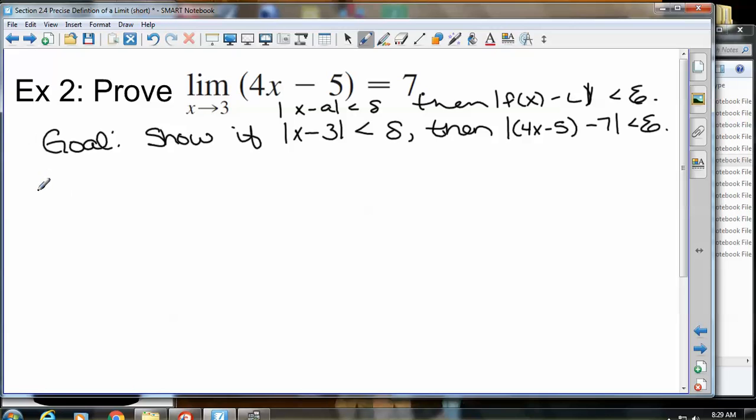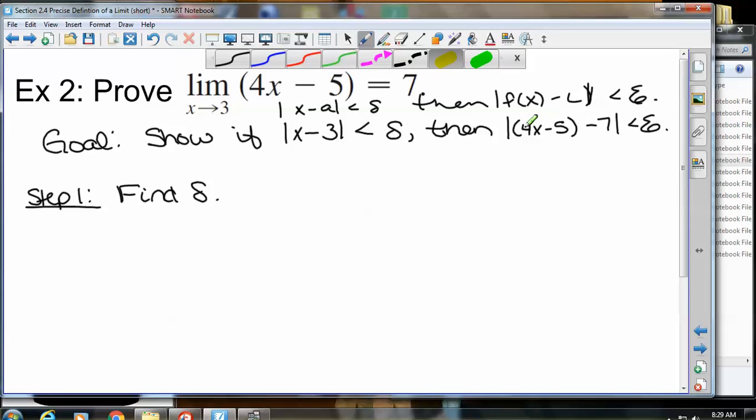All right, the first step we have to do here is find delta. To do that, we are going to work backwards from the second part. So to find delta, I am going to start with this piece.